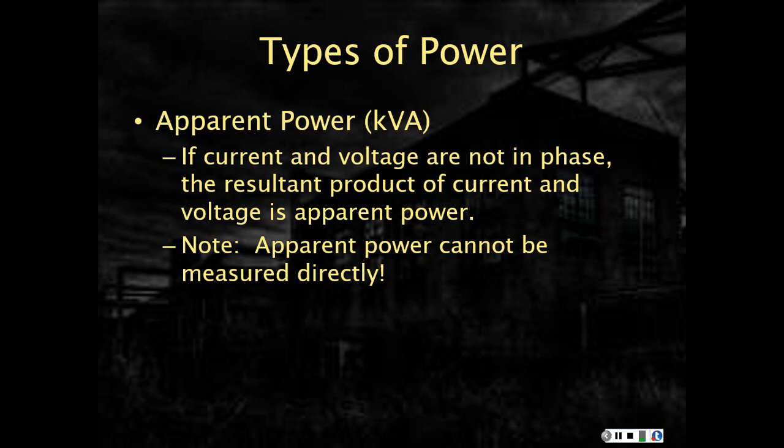So kVA is typically more than kW. In other words, the utility company has to generate more power of this type. This power is known as apparent power. Again, units are kVA. And unlike kW, apparent power cannot be measured directly. It's a calculated value.